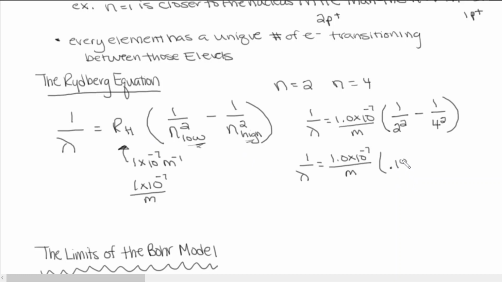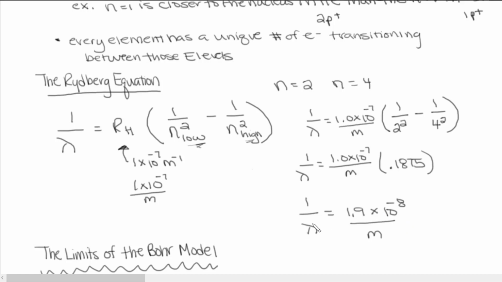So I get 0.1875. I need to multiply that times my constant. And I get 1 over lambda equals 1.9 times 10 to the negative, oh, I got to count all these zeros, 1, 2, 3, 4, 5, 6, 7, 8, negative 8th. And again, this is over meters or meters to the negative 1.